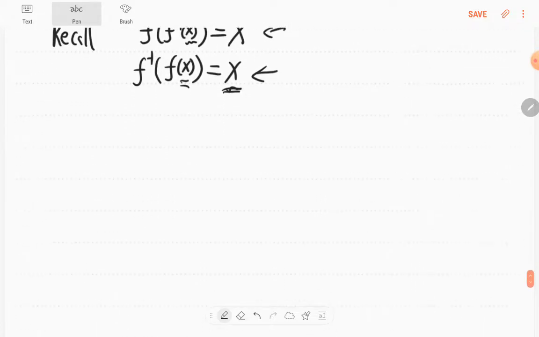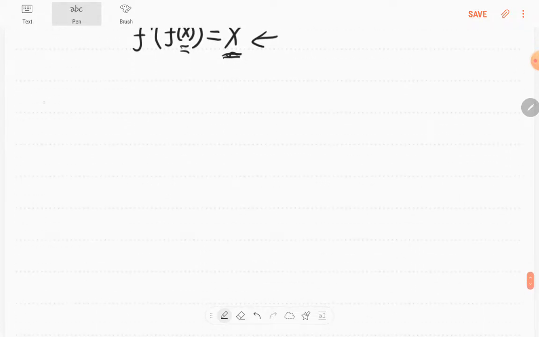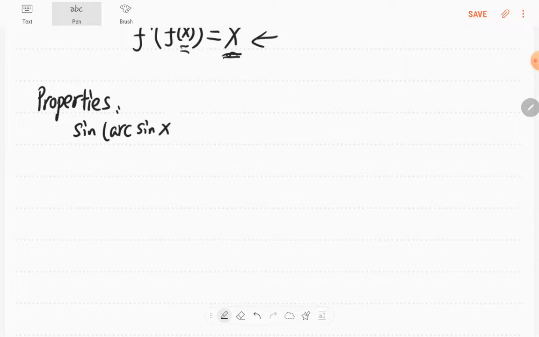So now we have similar properties, because here we have inverse functions, right? The first one is sine of arc sine x is equal to x. We know that arc sine x represents an angle.